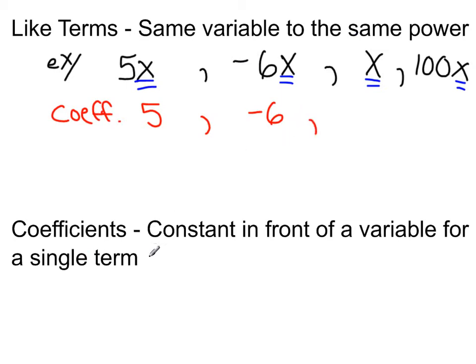It's whatever's in front of the variable for a single term, which these are all single terms. The challenging one is x here. You might be thinking, well, there's no coefficient, nothing's written there. But really, there's secretly a 1 times x there. There's a 1 in front of it, so 1's the coefficient. And then the nice easy guy, 100, is the coefficient for 100x.